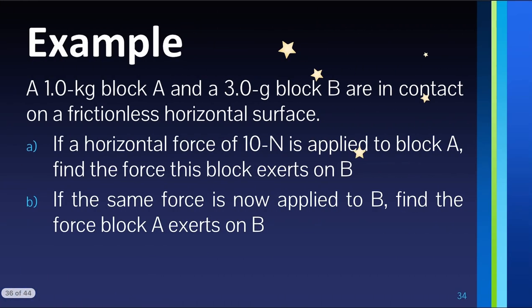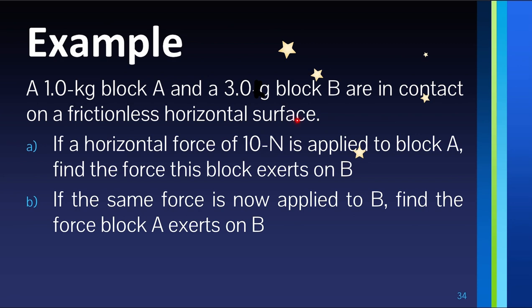So for example, we want to solve this problem. We have a 1 kilogram block A, and we have another block B, which has a mass of 3 kilograms. They are in contact on a frictionless horizontal surface.